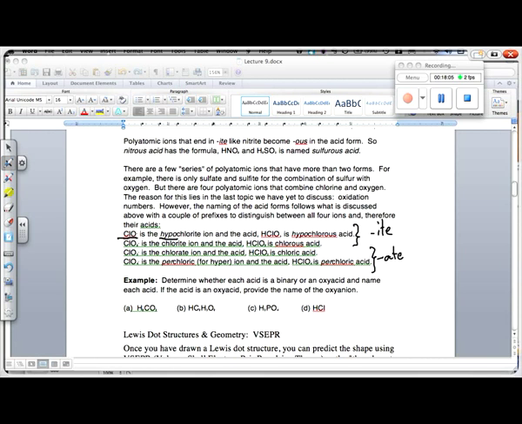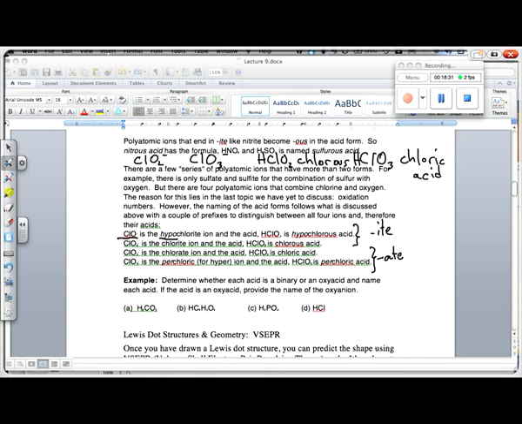If we just had ClO2 and ClO3, which are the 2 in the middle, then it would just be chlorous acid for this one because it came from chlorite, and the other one would be chloric acid because it came from chlorate.